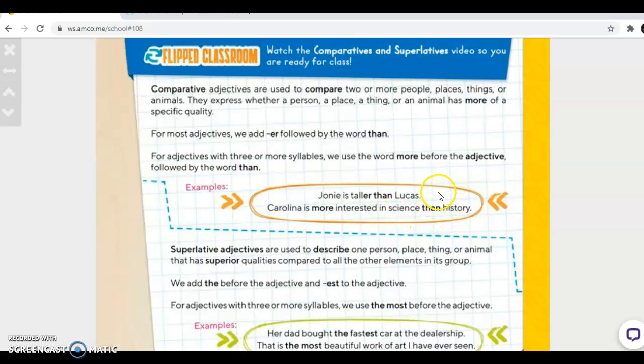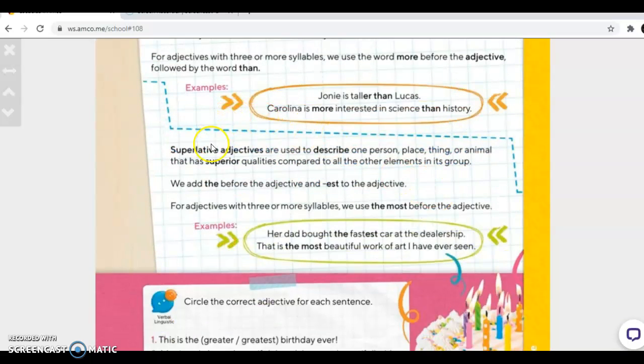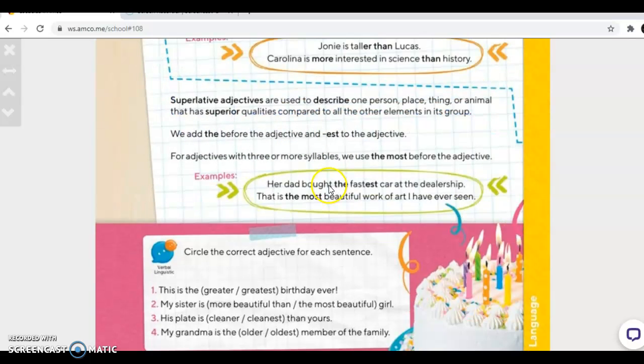history. That is a comparative. Okay, superlative adjectives are used to describe one person, place, thing, or animal that has superior qualities compared to all the other elements in its group. We add the before the adjective and est to the adjective.